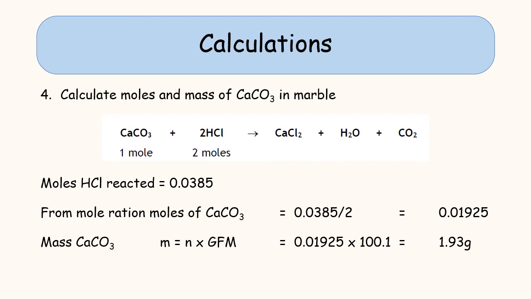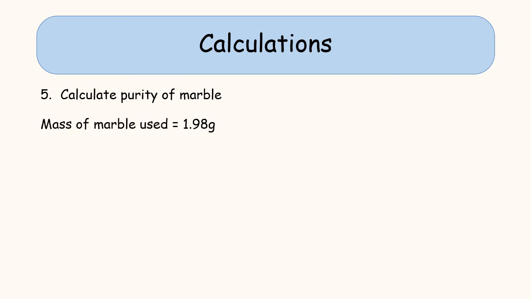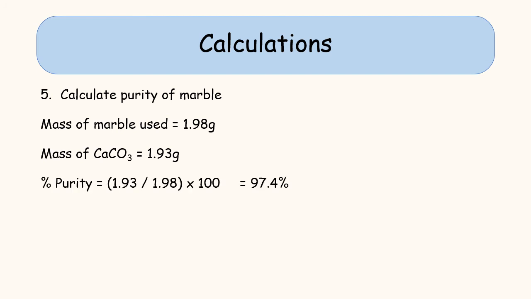That's the mass of calcium carbonate in marble, but we were wanting to find out what the purity was. So to do that, we work out purity as a percentage. The mass of marble we used was 1.98 grams. The mass of calcium carbonate we've proven reacted from that marble was 1.93 grams. So to work out percentage purity, it's our calcium carbonate divided by our mass of marble as a percentage.